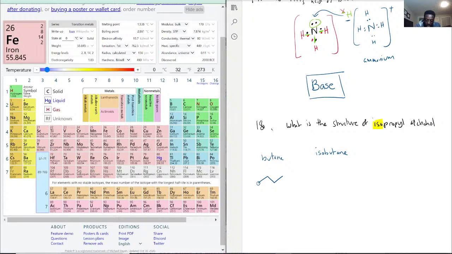Isobutane is a specific thing that happens when you have 4 constituents, where instead of it being a straight line, one of them comes to the middle.